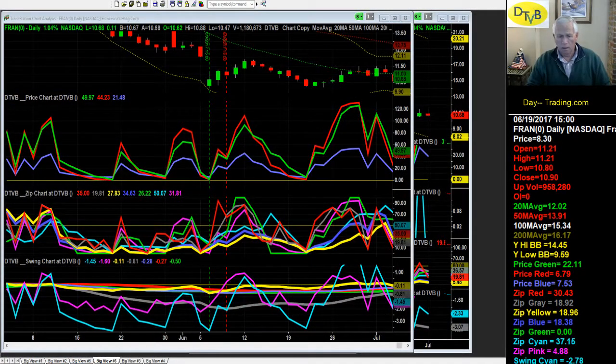And this one here happens to be on a green line, and the stock happens to be FRAN, and looks like it's about an $11 stock. In this particular case, we have a low angle down.